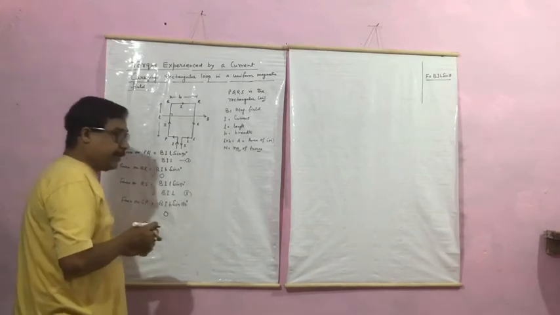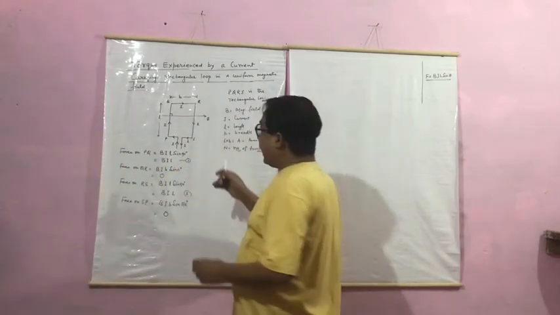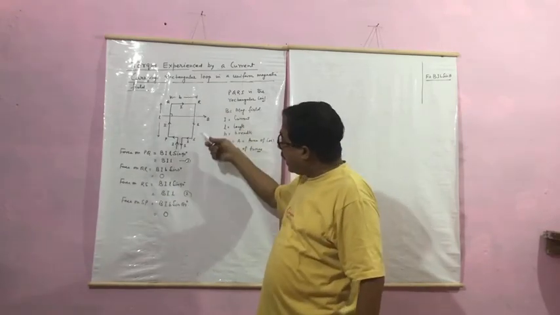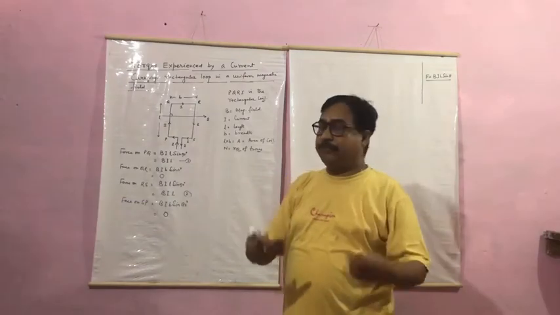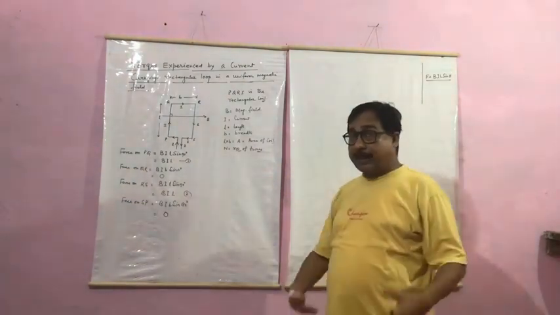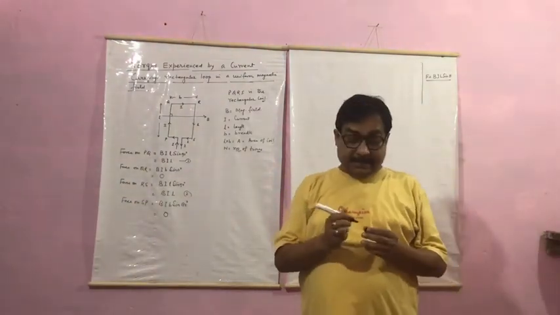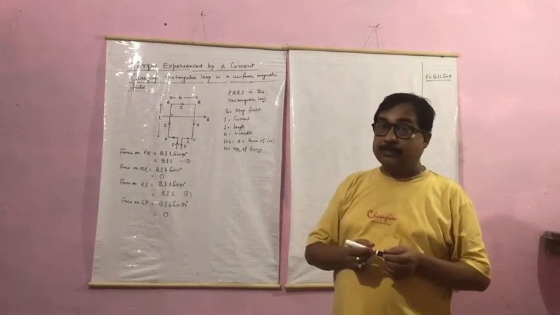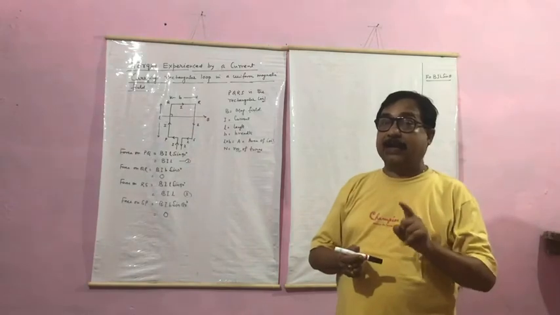Now just to see, the side PQ is having a force BIL and side RS is also having the same force BIL. But what actually is the difference? The difference is in its direction. How do we get the direction of this force? By Fleming's left hand rule.